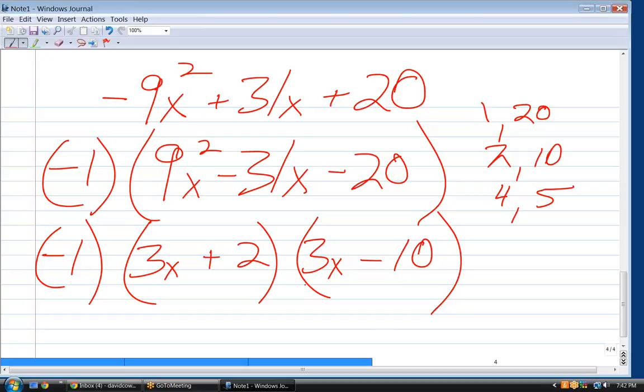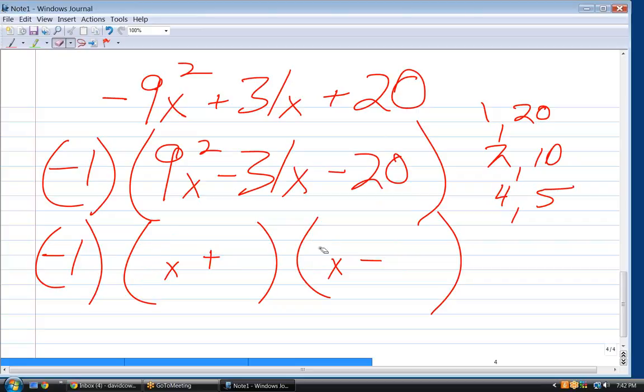So that doesn't work either. So the only other possibility is the 4 and the 5. That's not going to work, right? So we've exhausted all of the factors of 20.